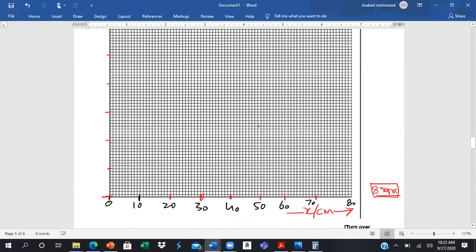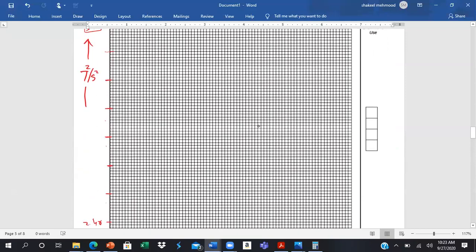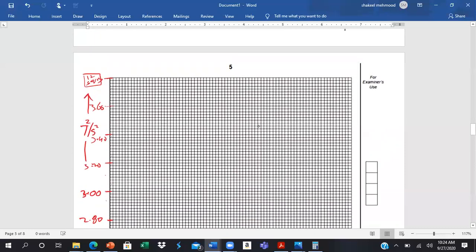So I'm going to take this as 1.40 and then 1.60, 1.80, 2.0, 2.20, 2.40, 2.60, 2.80, 3.00, 3.20, 3.40, 3.60, and finally 3.80.